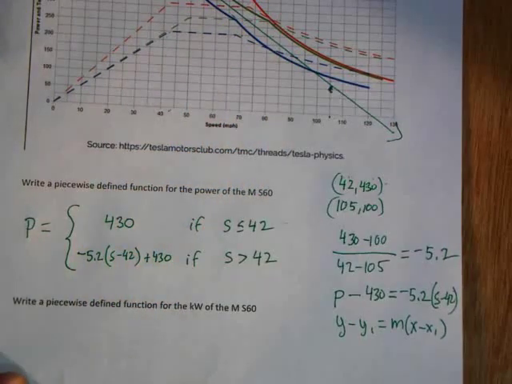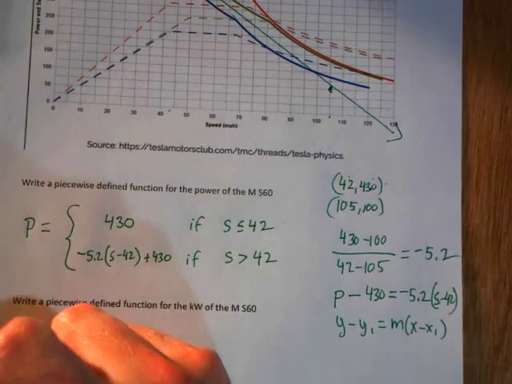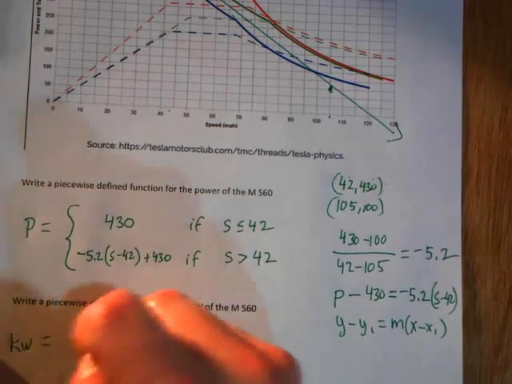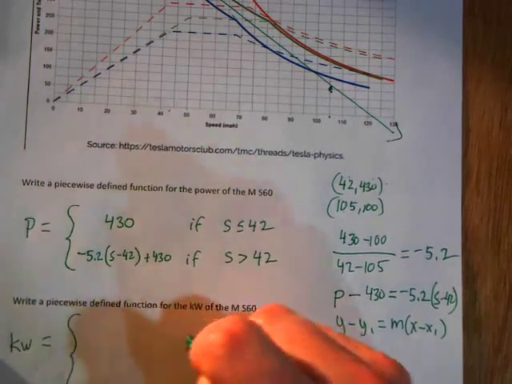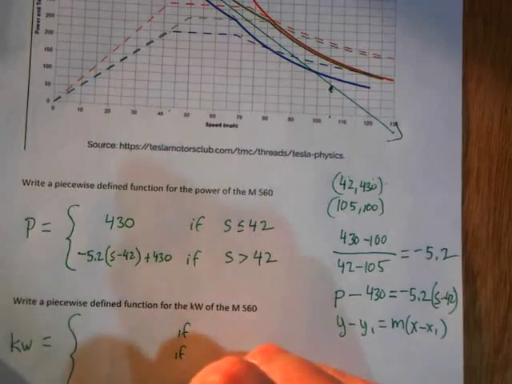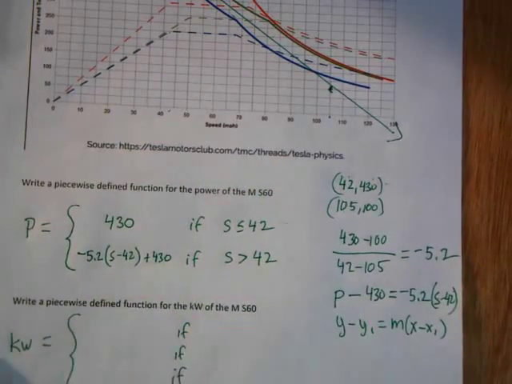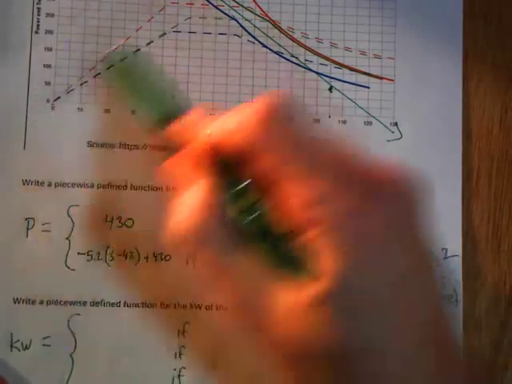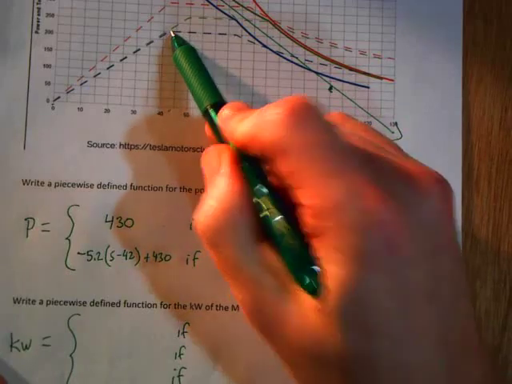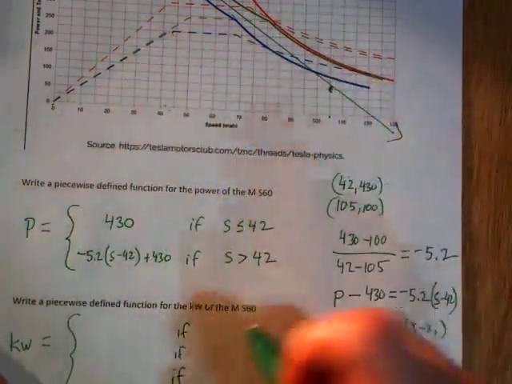So this is our first example of a piecewise function that has 3 pieces. So we're going to write kilowatt equals, and we're going to have 3 pieces. The first piece happens as long as our speed is less than 42.